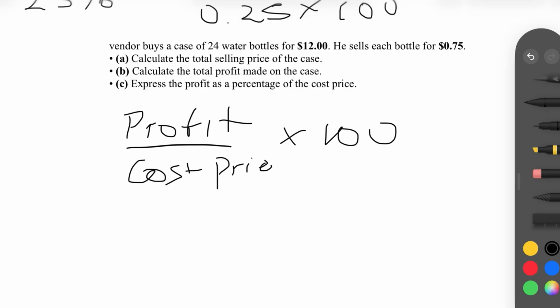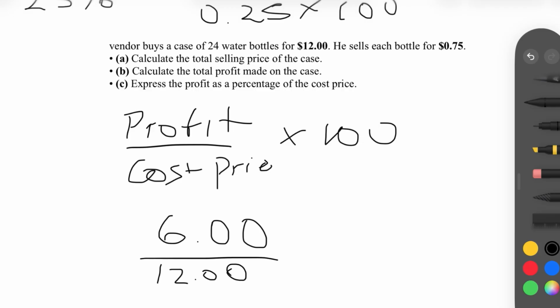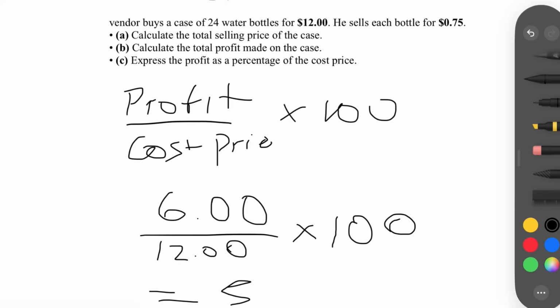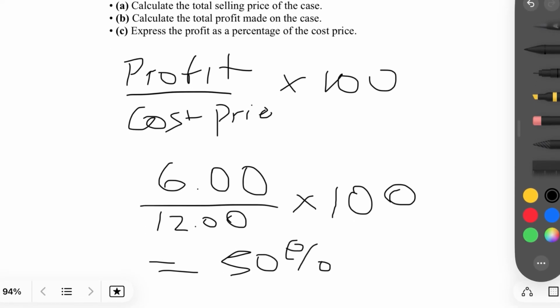So we made $6 off of the entire case. That's what we just calculated. And in total, the cost price was $12. And then the next step is to multiply it by 100, and then you calculate that, which you would get 50%. And that is how you do that.